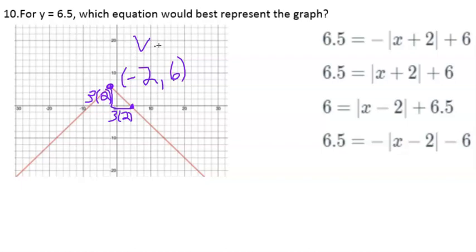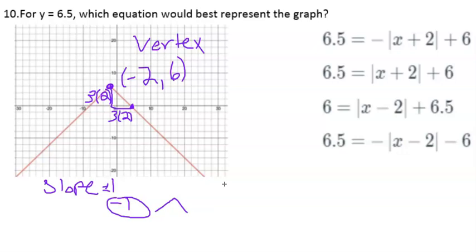So we have a vertex of negative 2, 6, and their slope is either plus or minus 1. We're going to do negative 1 because the graph is opening downwards. The absolute value is opening downwards.